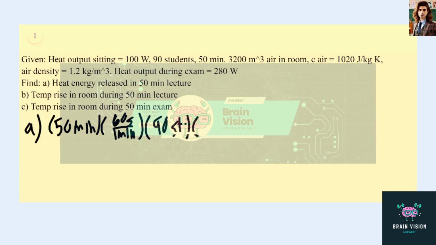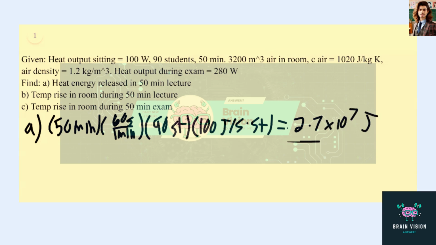And then what our actual heat output is, which is 100 joules per second, that's watts, times student, per student. And if you plug that into your calculator, you get 2.7 times 10 to the 7th joules. So that's our heat released.